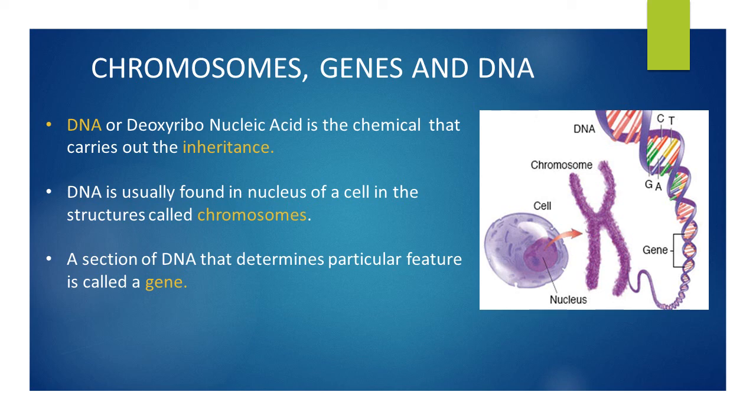DNA is usually found in the nucleus of a cell in structures called chromosomes, and a section of DNA which determines a particular feature is called a gene. Gene is a section of DNA which determines a particular feature.